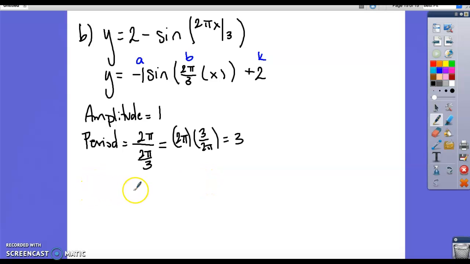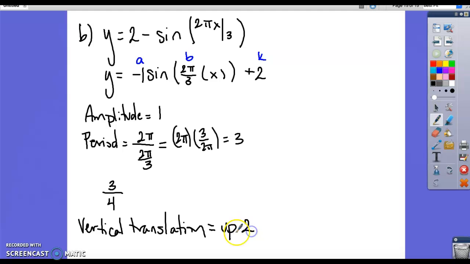If I want to find the length between my critical points, I take my period and divide by 4. So the distance between each of those critical points is going to be 3/4. And then I have a vertical translation of up 2. So I have a lot going on here.